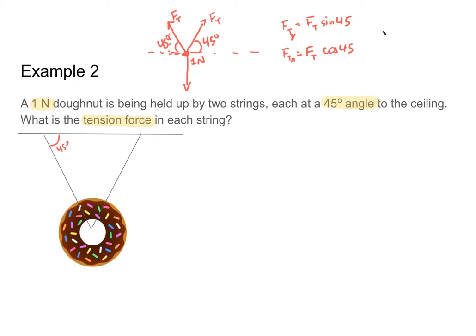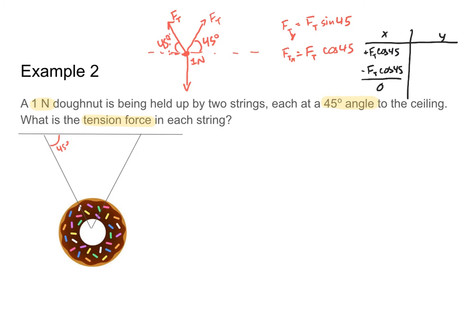to create my t-chart in x and in y to list out my forces. So in the x direction, I have positive Ft times the cosine of 45 from my first string, and I have negative Ft times the cosine of 45 degrees from my second string, since one string is pulling to the left and the other is going up and to the right.